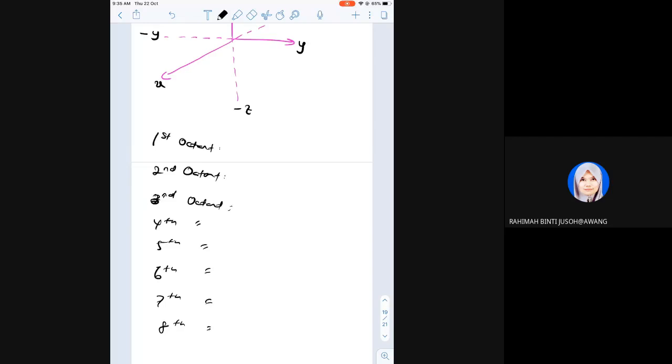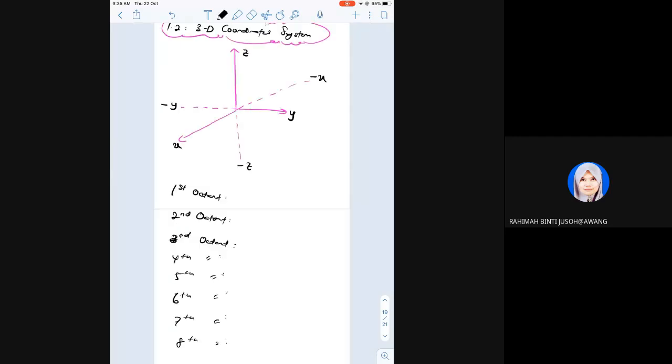Okay. Okay, ingat saya pesan, saya kata dia ada 4 bahagian atas dan 4 bahagian bawah, and then movement dia adalah daripada depan, belakang, depan balik. Okay.